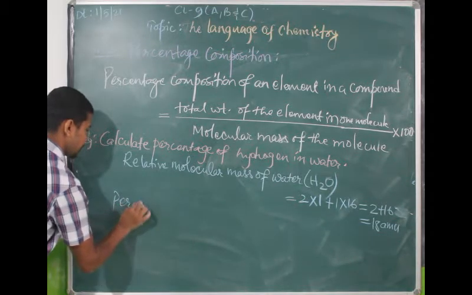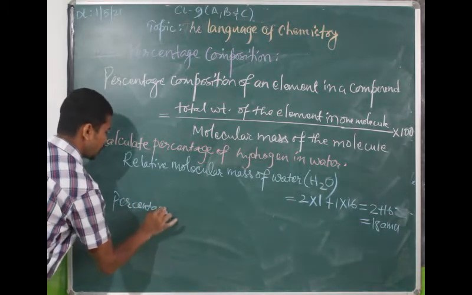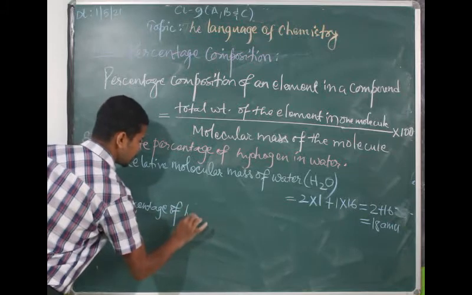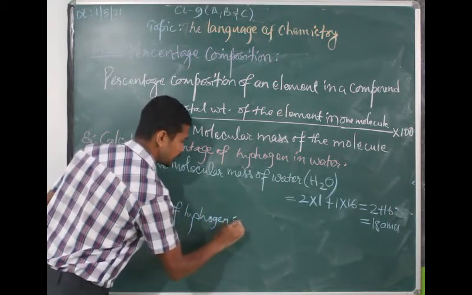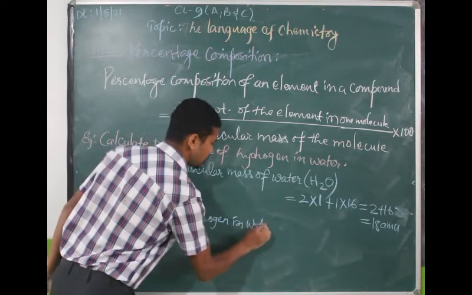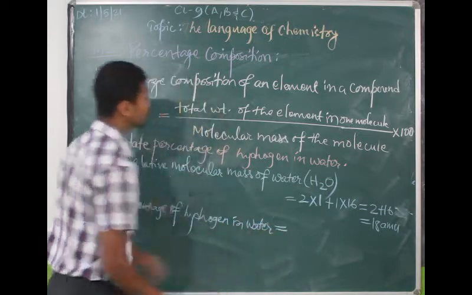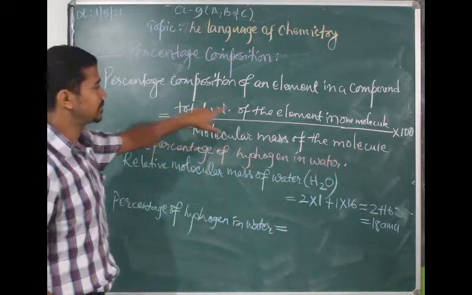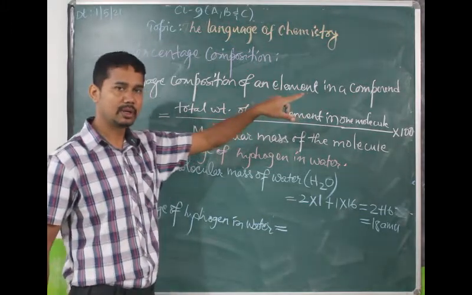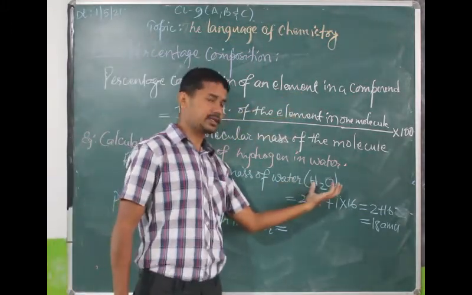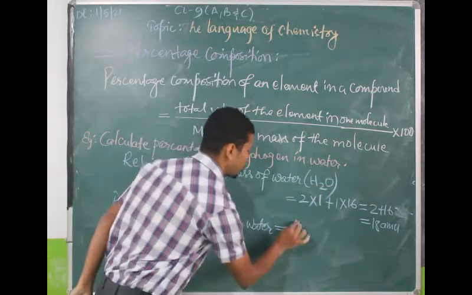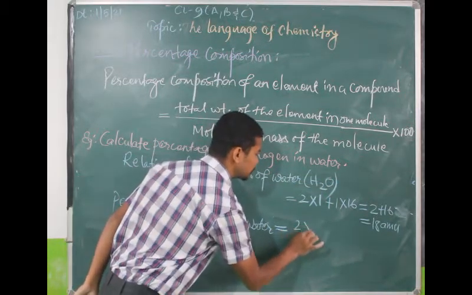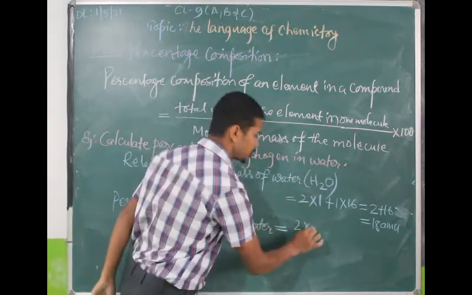Percentage of hydrogen in water is equal to, what is the formula? Total weight of the element in one molecule. What is the total weight of hydrogen in water? How many atoms of hydrogen are there? 2 into the atomic mass of hydrogen, 1.